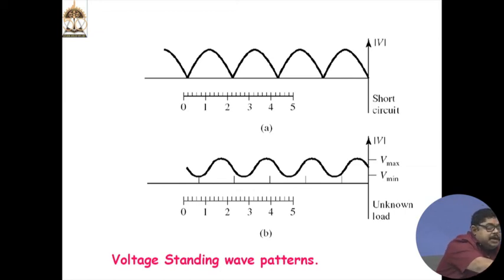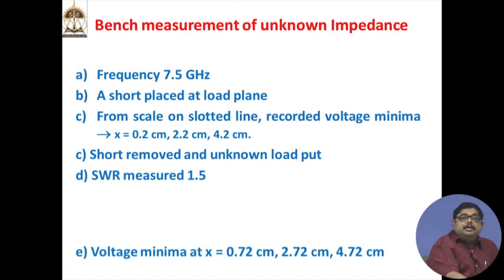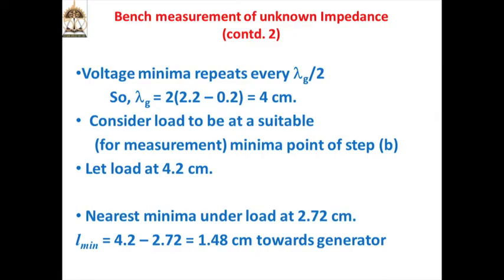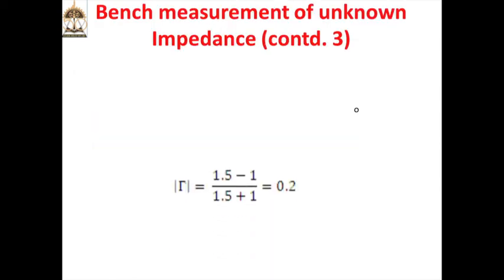If I take this minima, it is towards the generator. So you need to be careful in the measurement. From this I have got that L min is 1.48, which I have noted towards the generator.